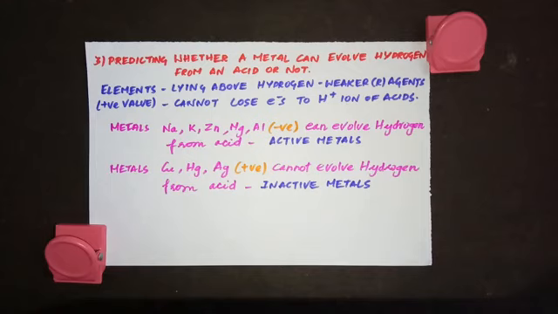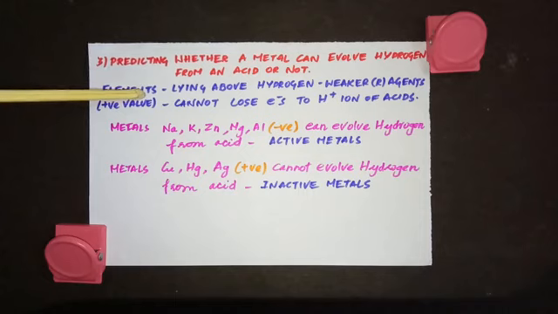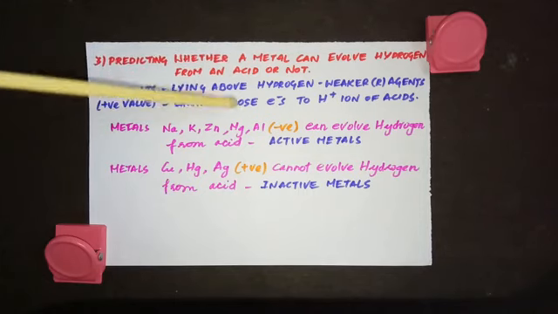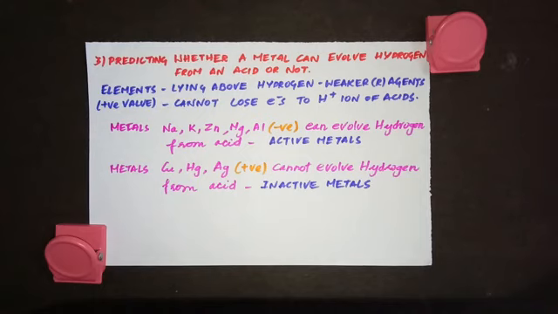So elements lying above hydrogen are weaker reducing agents, which means they have positive values, and elements lying below hydrogen have negative values. Elements lying above hydrogen cannot lose electrons to H plus ions of acids, because when you take acids you have H plus ions, and these elements are weaker reducing agents, which means they cannot lose electrons to H plus ions.